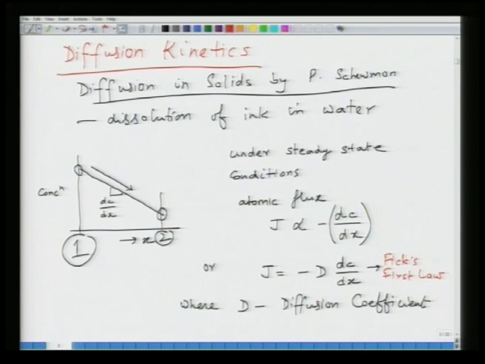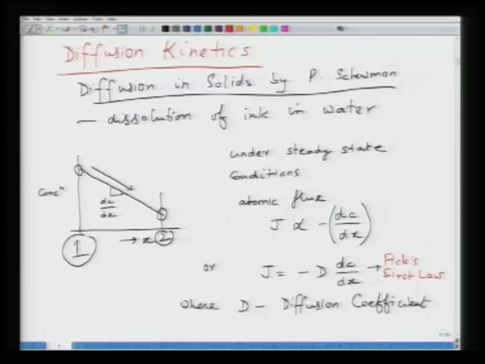So, basically it is valid under steady state condition, where the concentration gradient in a given system does not change as a function of time, and in such condition the atomic flux is nothing but the number of atoms moving from one place to another per unit area per unit time. So, I can write this as number of atoms moving per unit area, let us say meter square, per unit time, and dC by dx, the concentration gradient, if C has a unit of number per meter cube and x has a unit of meter.